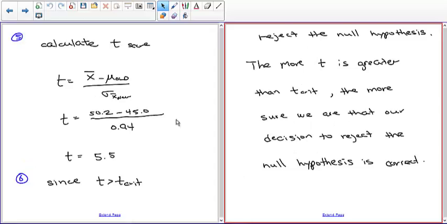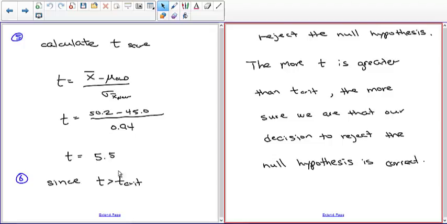Because this happens, we reject the null hypothesis, which is what we did using the confidence interval method. And the more t is greater than t critical, the bigger this number is, the more sure we are that our decision to reject the null hypothesis is correct. We're pretty darn sure, because a t-score of 5.5 is almost impossible to get through chance.